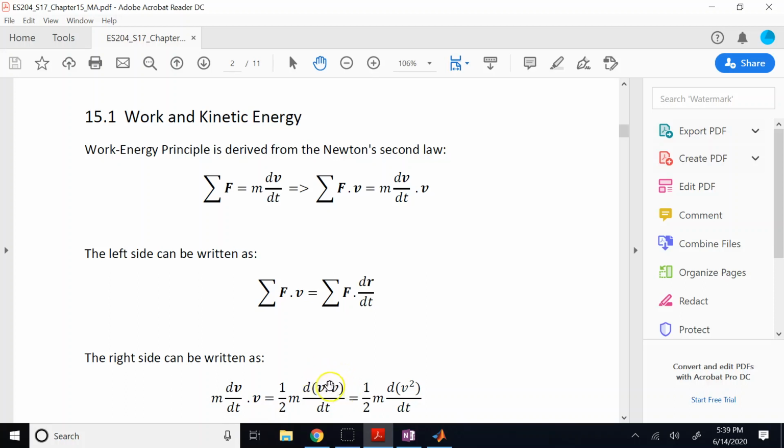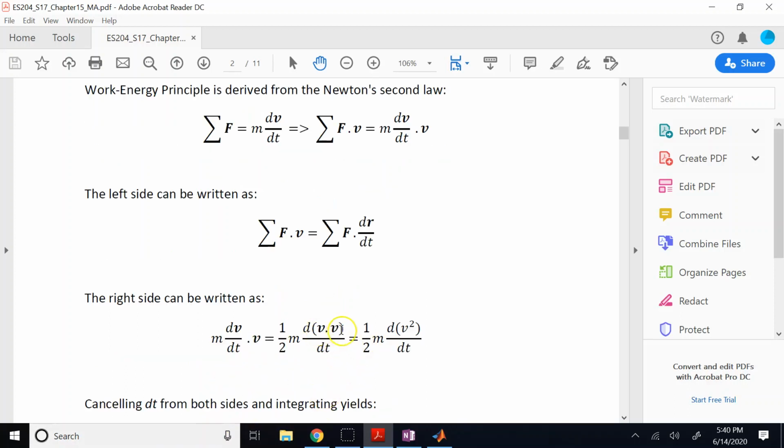Because this is a product, so it's going to be the derivative of the first one dot the second one plus the first one dot the derivative of the second one. But again, since it's v dot v and v dot dv over dt, and the dot product has the commutative property, they are the same thing. So when I add them, I get 2 of that quantity, and the 2 with this 1/2 would simplify, so I'm going to get the left hand side.